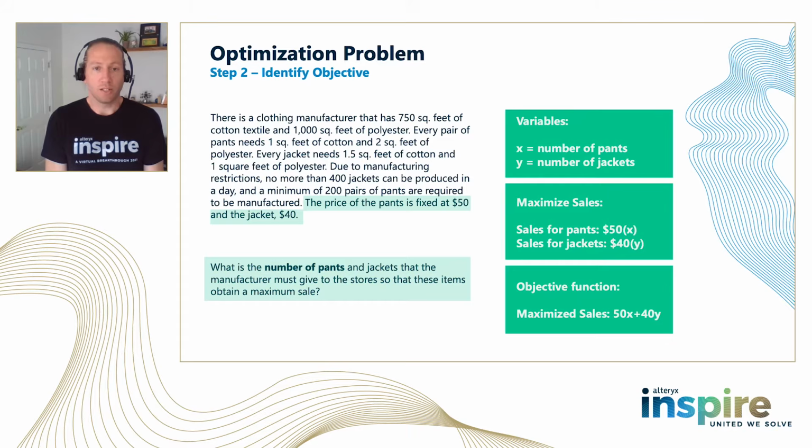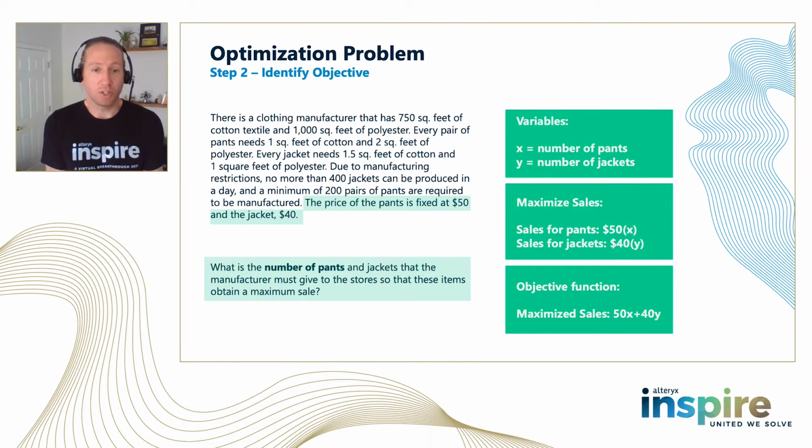What I'll do here in the slide is start highlighting things on the left-hand side and crossing them out, just so that we can make sure we're covering all of the elements, all the numbers that we see on the left-hand side. At this stage, given that we have 50X plus 40Y and we want to maximize that, we could start picking out some numbers and do this by trial and error.